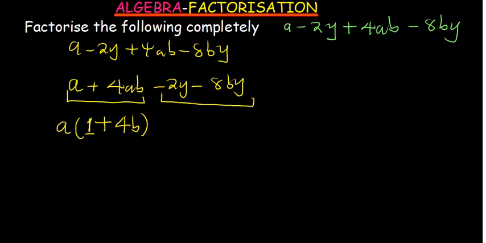And then look at this other one. Look at what is common. The first thing that is common, you have got negative 2. Even negative 2 can go here also. So we are going to remove negative 2, and also y is common. So we've removed negative 2y here.